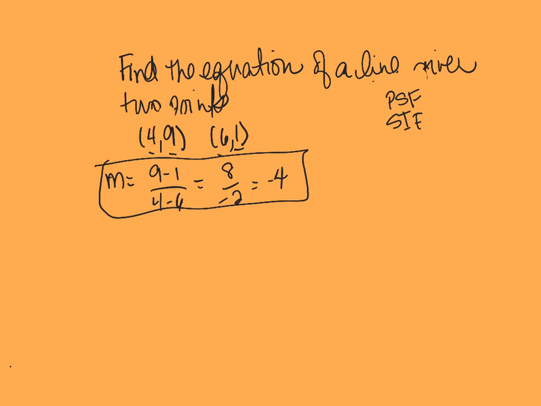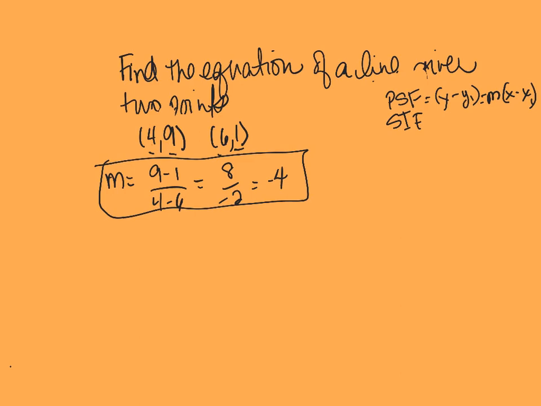Next up, order of business, we are going to use our point slope form, which is y minus y1 equals m times x minus x1. So let's just plug that in right away.